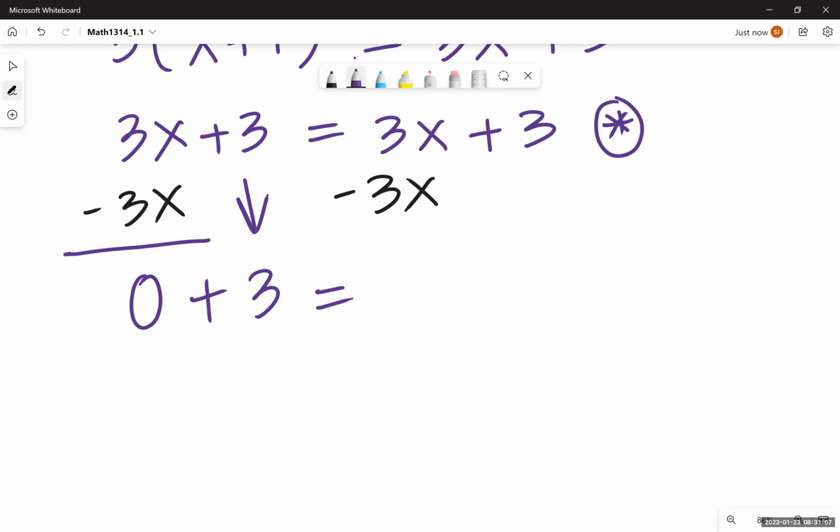No, you're right. I was letting her write and I was watching. And then bring that one down. And now we're here: equal, and then 3x minus 3x, Jackson, 0. And then what do we have next to it? Plus 3.